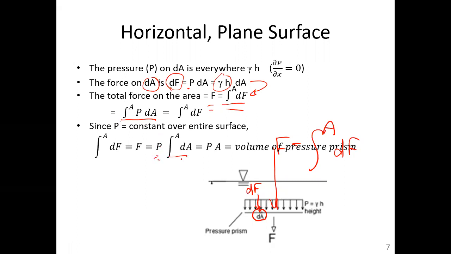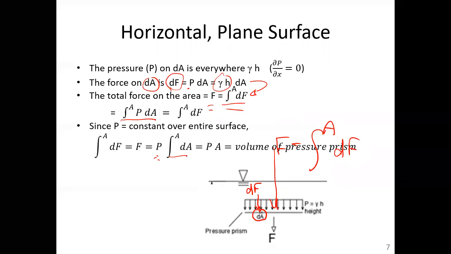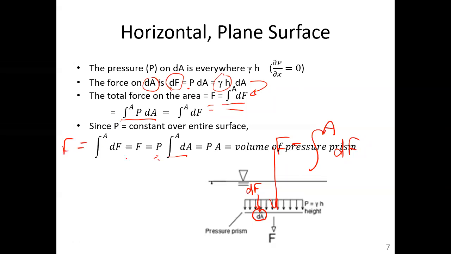And the integral over the area of dA is just the area, A. So basically, this resultant force is equal to the pressure acting everywhere over the surface, because it's a constant pressure on a horizontal surface, times the area. Kind of something you would have guessed.